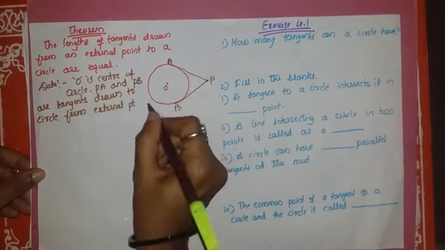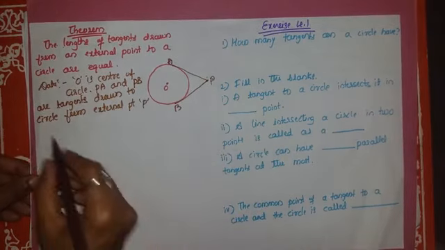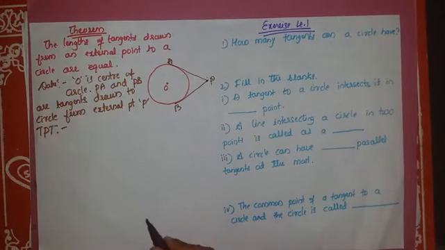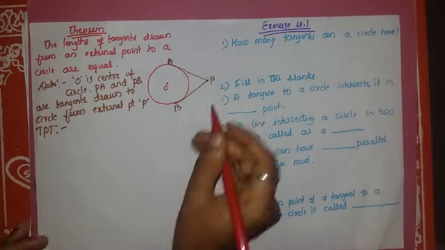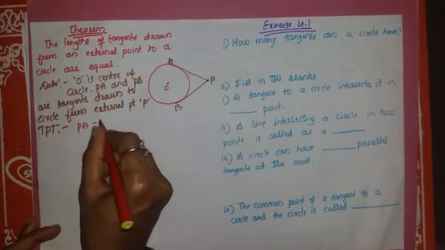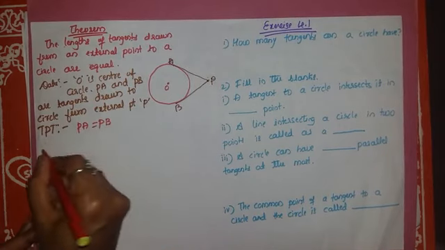The external point is P. Then what we need to prove is that the tangents are equal, that is PA equals PB.